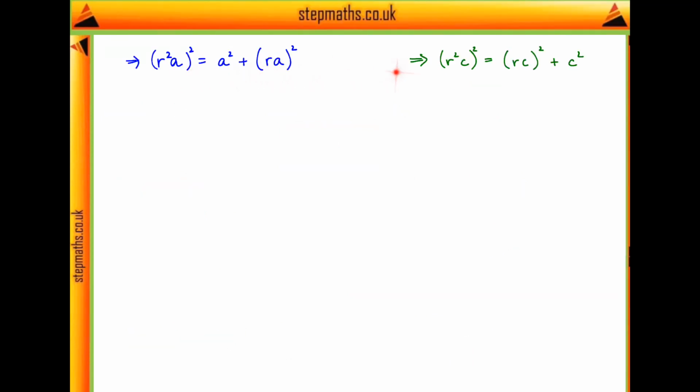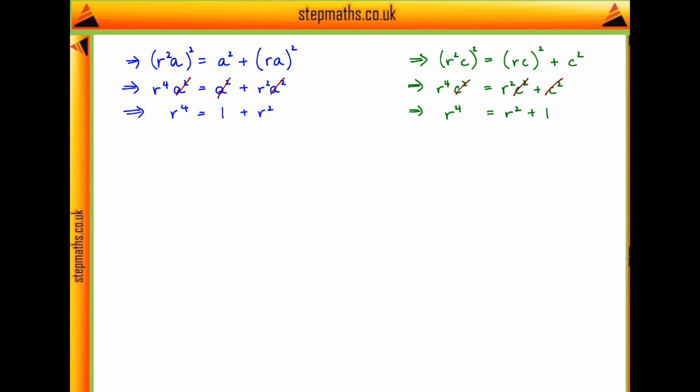And if I write out all of these squared terms, we can see that actually we can cancel out some a's and c's. And you should always check that the thing that you're cancelling is not 0. But we know that a and c are definitely not 0 because they're side lengths of a triangle. So we can go ahead and cancel out these a's and c's, and we see that we're left with essentially a quadratic equation in terms of r squared.